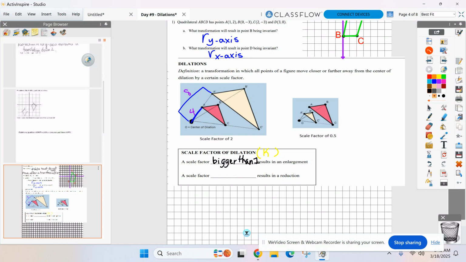Can they get closer to the center? Absolutely, they can. Look at my second diagram. Notice my scale factor now is 1/2. So how do I know the points are getting closer to the center? If your scale factor is, now watch this, not less than 1, because we're not going to have any negative scale factors, a scale factor between 0 and 1, that's how I know the points are getting closer, which means the figures will get smaller.